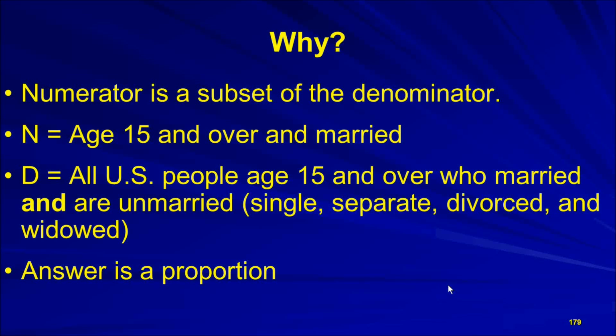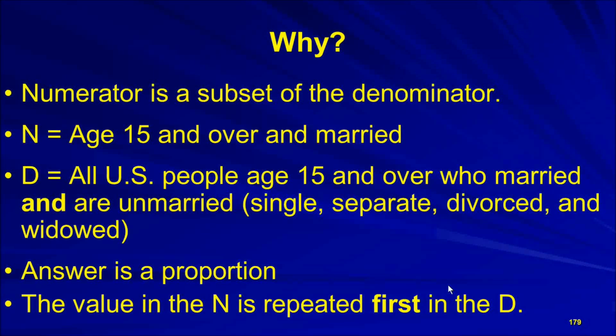Okay? The answer is a proportion. The value in the numerator is reported first in the denominator, and this is going to be reported as a percentage. The other two examples would be reported as a power to the nth degree.